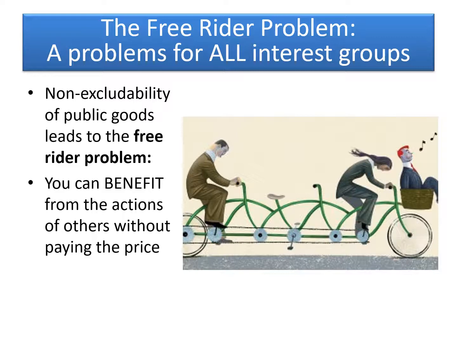So that's what we call a free rider. A free rider is someone who doesn't contribute money or resources or time to the solution of a problem, but they get to benefit from it just as much as the people who gave money.